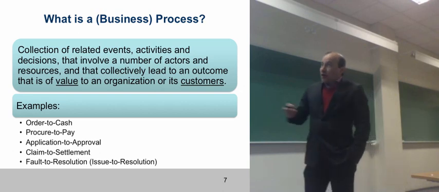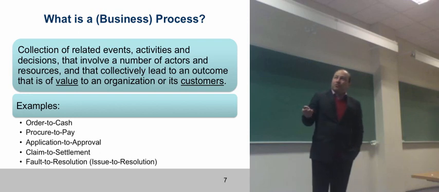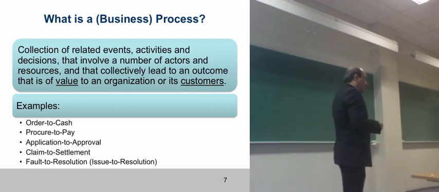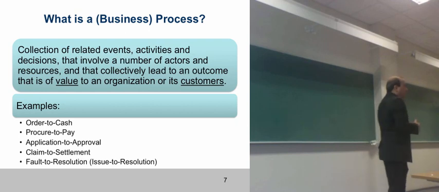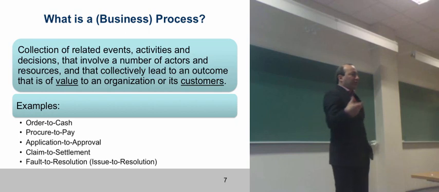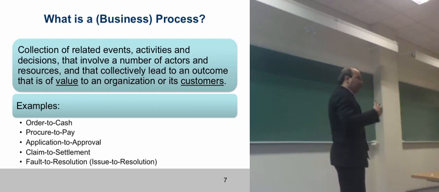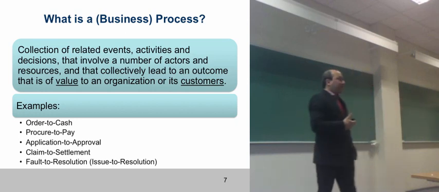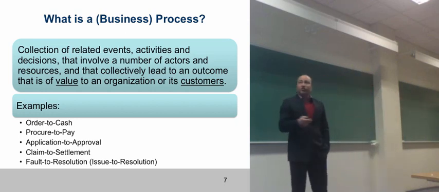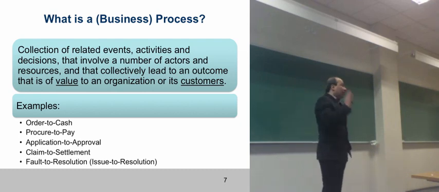So I was saying government organizations often do not have an order to cash process, but rather have some other process called an application to approval process. So many government agencies are machines at processing applications from citizens who want some service, want to execute a right that they have, or want to get a permit to do something, for example, in the city council, to the moment that application is approved or rejected, by the way.